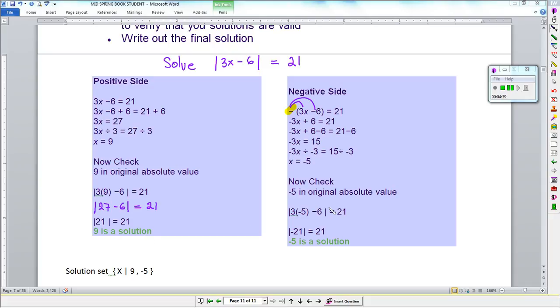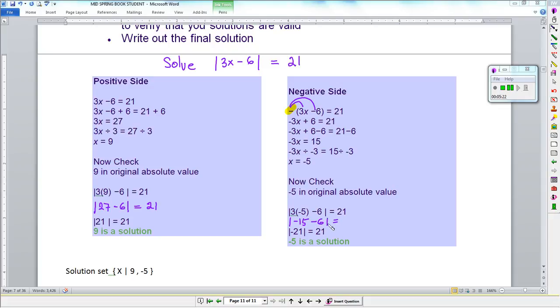Now let's go to the negative side. We are going to check x equals negative 5. So we substitute negative 5 for x into the original absolute value equation. So we have the absolute value of 3 times negative 5 minus 6. Again, let's apply the order of operations. 3 times negative 5 is negative 15, minus 6.